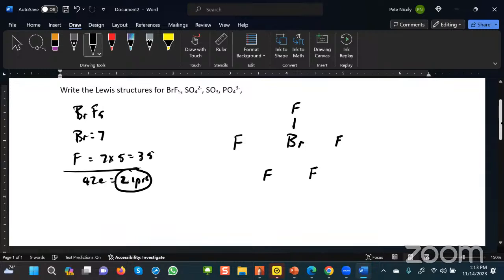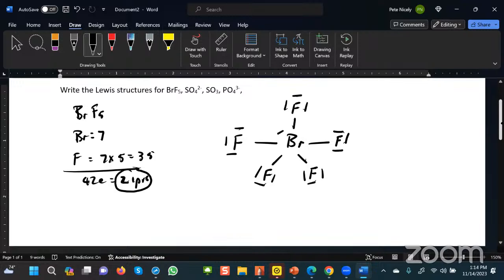Bonding pair. So 1, 2, 3, 4, 5, and then non-bonding pairs, right? So 6, 7, 8, 9, 10, 11, 12, 13, 14, 15, 16, 17, 18, 19, 20, right? So I've used up 20 of the 21 pairs. So the remaining pair would go where?